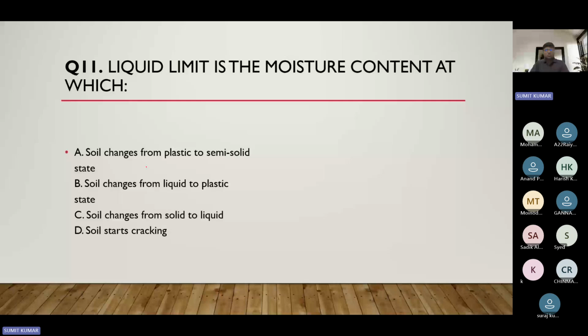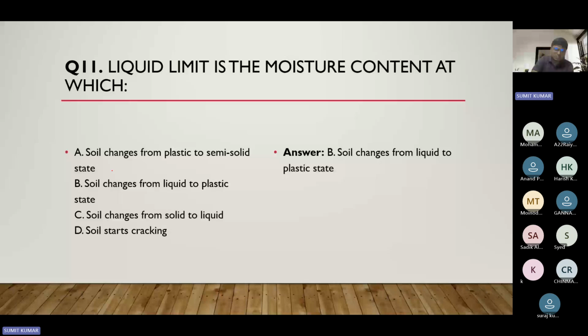Over here the options are: soil changes from plastic to semi-solid, soil changes from liquid to plastic state, soil changes from solid to liquid state, or soil starts cracking. So the correct answer is option B, that is, soil changes from liquid to plastic state, and this was discussed in today's class only.